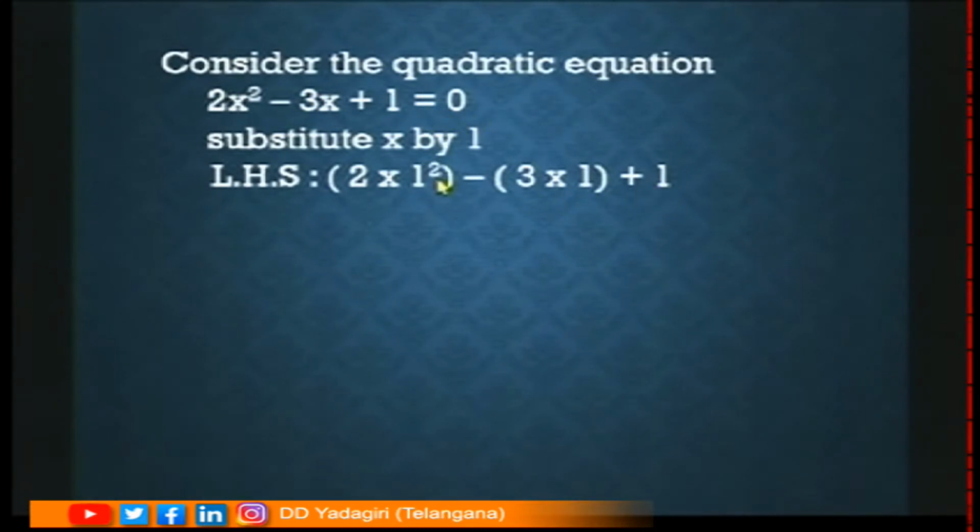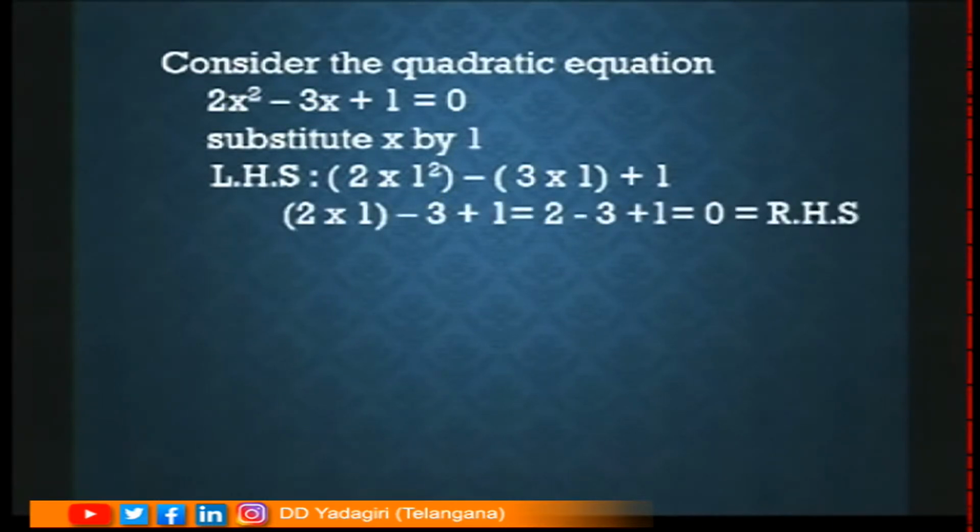Now, we all know 1 square is 1. So, what are we getting here? 2 into 1 square gives me 2 into 1, minus 3 into 1 gives me 3, and plus 1. So 2 1s are 2, 2 minus 3 gives me minus 1, minus 1 plus 1 gives me 0, which is my right hand side.